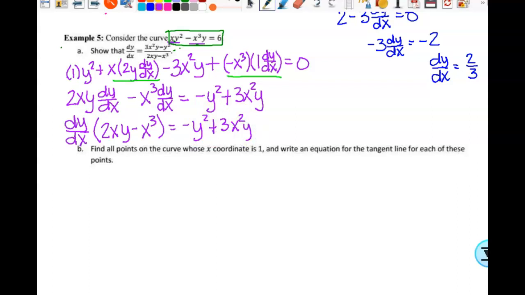Okay, we good? Can I solve for dy dx now? Yes, and divide, so this is going to give me dy dx is equal to, in the numerator I have negative y squared plus 3x squared y. In the denominator I have 2xy minus x cubed.